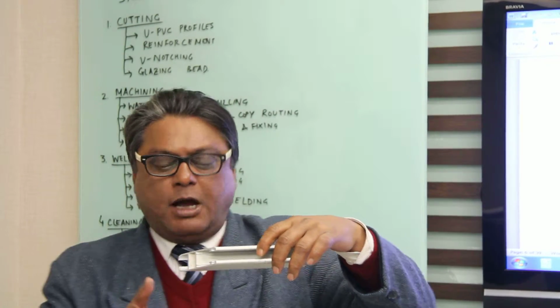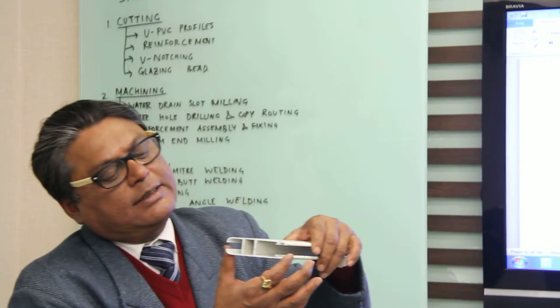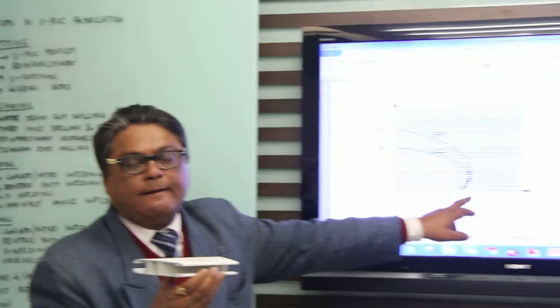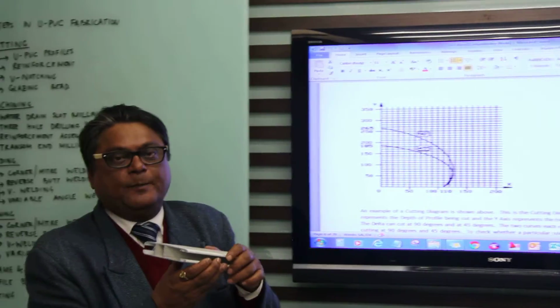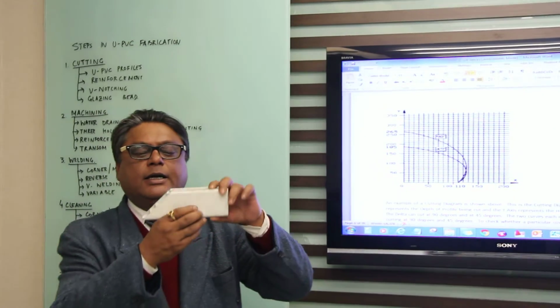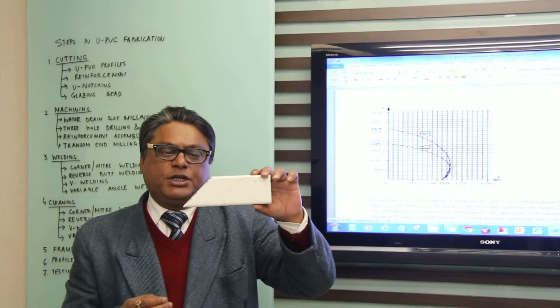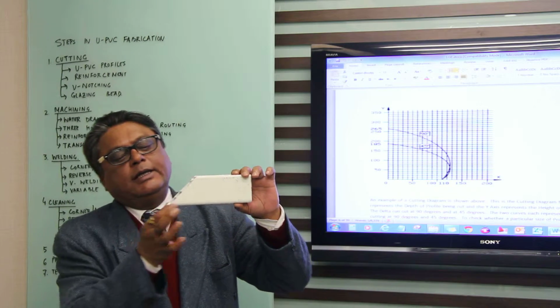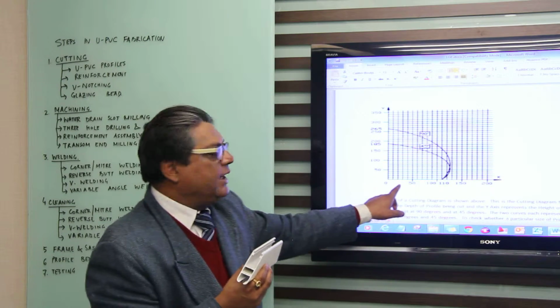When I am taking a cut from the bottom up, this is resting on the table and this dimension is measured on the x-axis here, right? Whereas when I am taking a cut on a rear to front machine, I am keeping the profile like this and taking this cut, then this dimension comes on the x-axis.